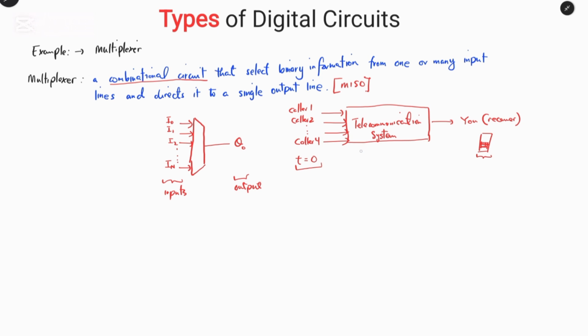So how can this telecommunication system manage the call between the transmitters, which are the people calling you, and you, the receiver? A scenario like this can be managed using the multiplexer.